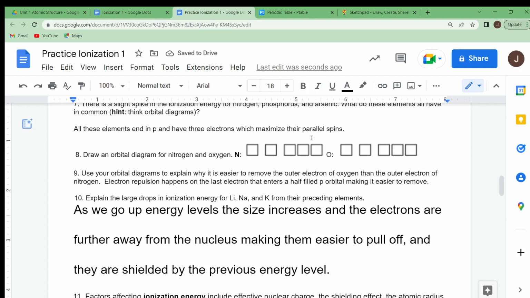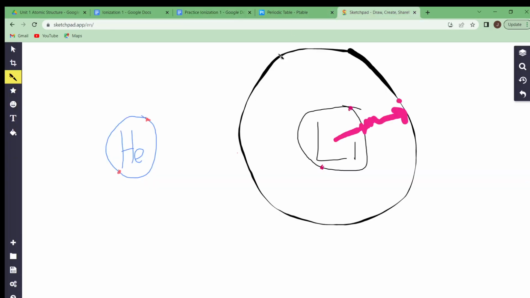Okay, and that's what we'd do every single time we go up an energy level, is we'd want to explain that both of those factors are going on right there.